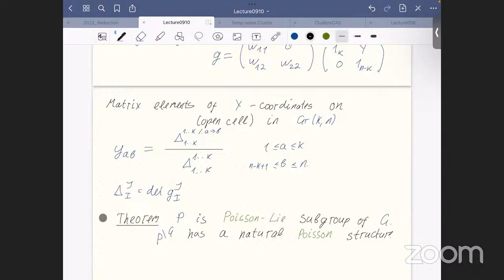Maybe it's better to organize it this way. So this is a theorem and this is a corollary.